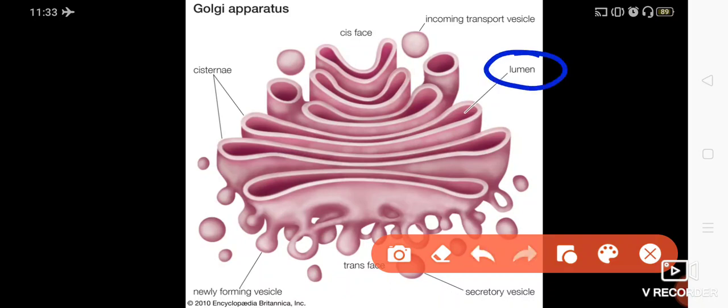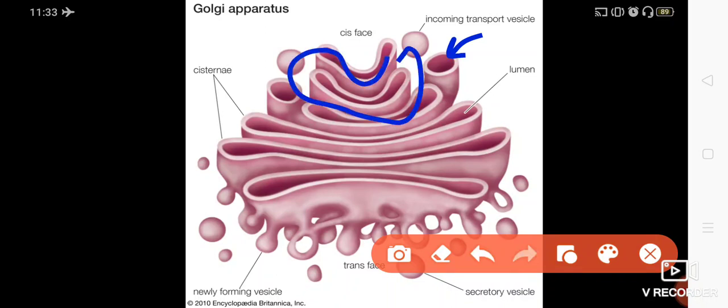It also has a lumen, because things which are coming from the endoplasmic reticulum will enter into this cisterna, and the materials which are being transported here will be brought into the lumen. And there is another phase, which is known as the trans phase, which means the matured phase.